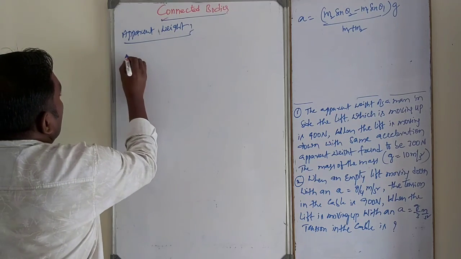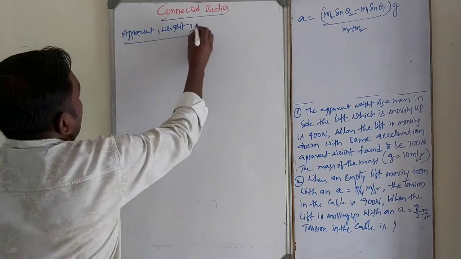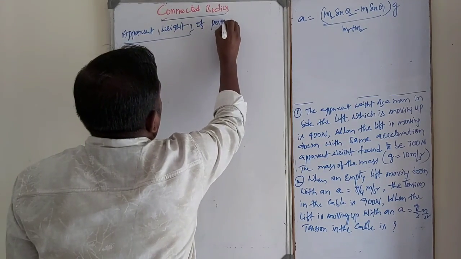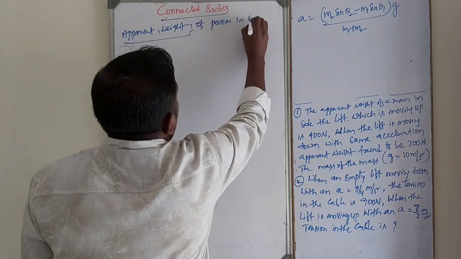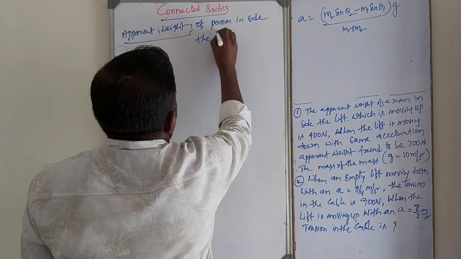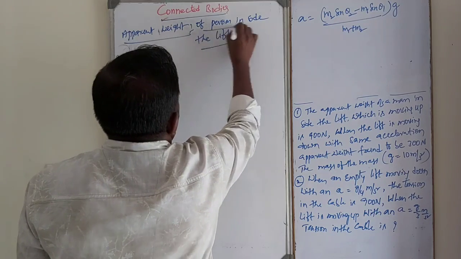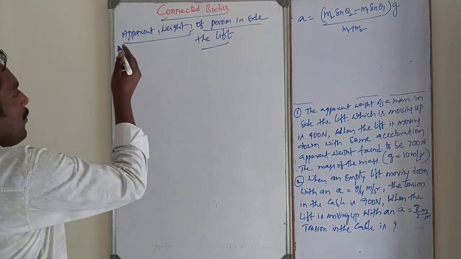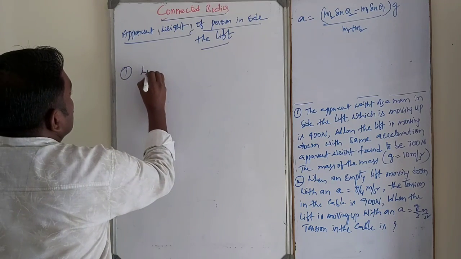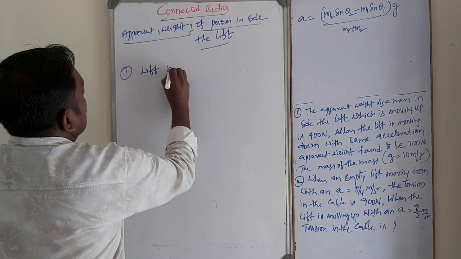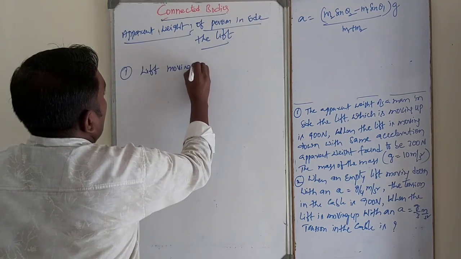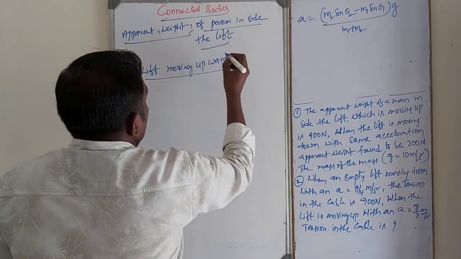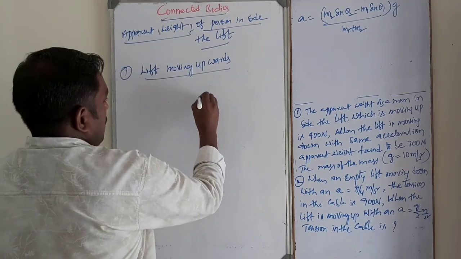So, apparent weight of a person inside the lift. Suppose the lift is moving upwards, like this.